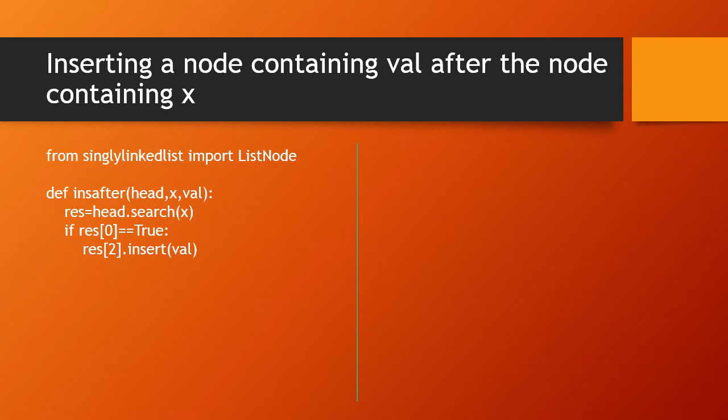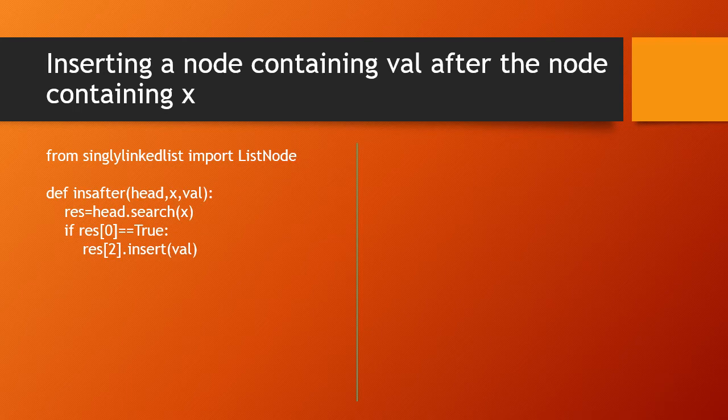Head.searchX. I am calling the search function for the head pointer of my singly linked list, and I am asking it to search for x in the singly linked list. Again, if you can recall, the search function will return a 3-element list. At index 0, there will be either true or false. True if there is a node containing x, and false if there is no node containing x.